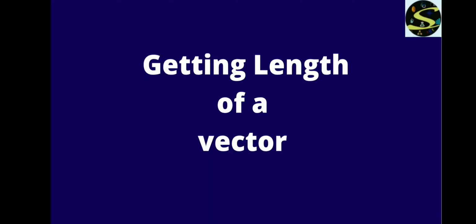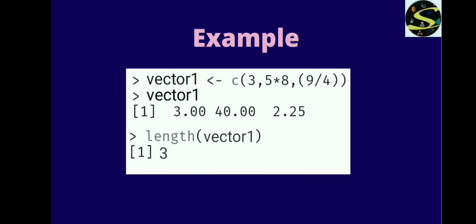The length of a vector can be known using the length function, as shown here. We can use the syntax length followed by open parenthesis in which the vector is specified for which length is to be found.